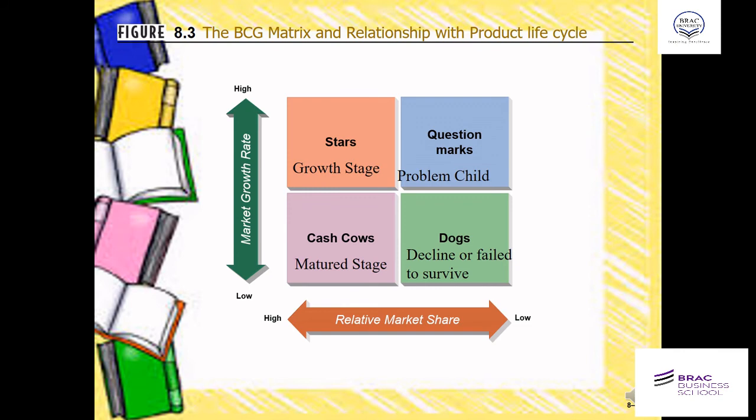So there must be some problem either in their business strategy or in their offerings. Marketers have to find out where the problem is. That is why it is considered a problem child. If we can identify the problem of this problem child, then we can come up with the solution, and then we can move directly into stars, with high acceptance and a rise in market share.